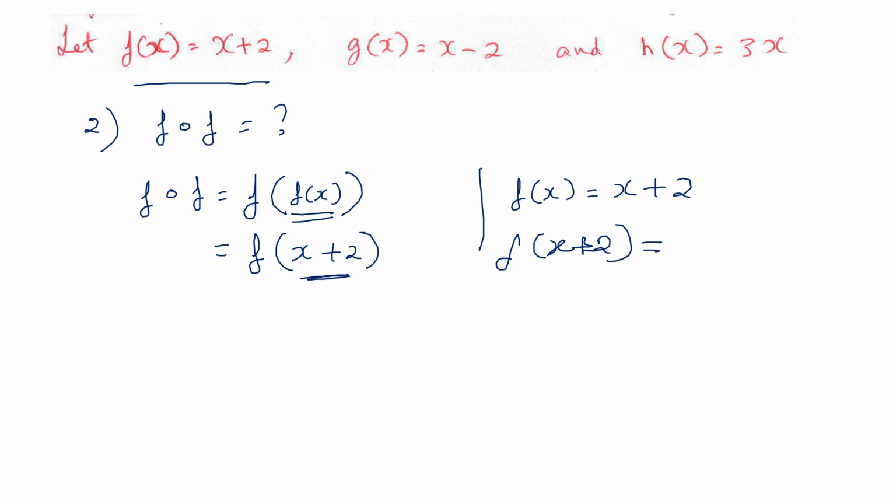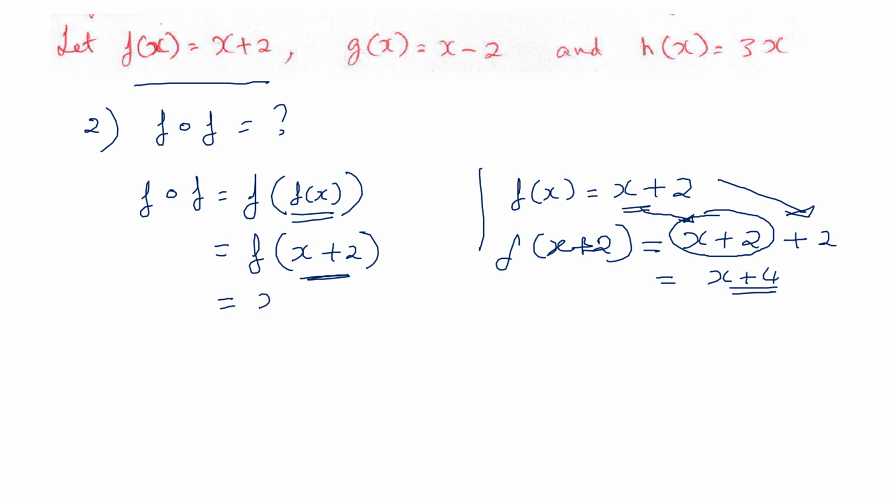We know the formula, f of x is x plus 2, but in place of x we have x plus 2. So for us the entire x means x plus 2, then plus 2. So x plus 2 plus 2 is x plus 4. So f of x plus 2 is nothing but x plus 4.